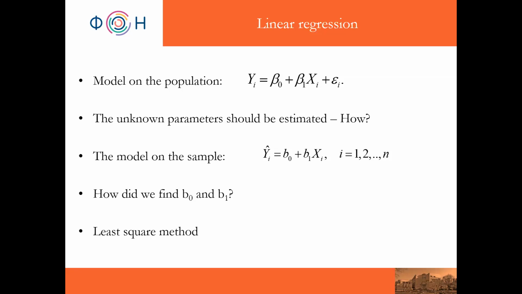For example, a population can be the students of the University of Belgrade, so each and every student at the University of Belgrade. In practice, it's pretty difficult to go and survey each and every student of the population.